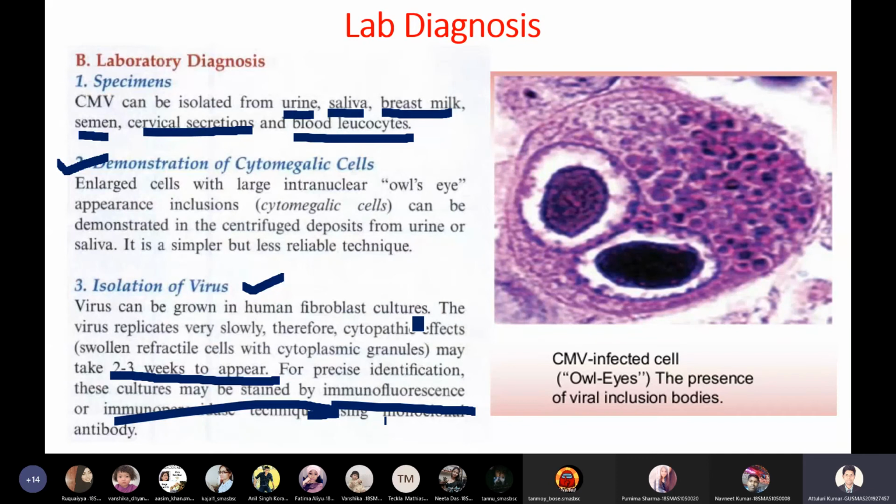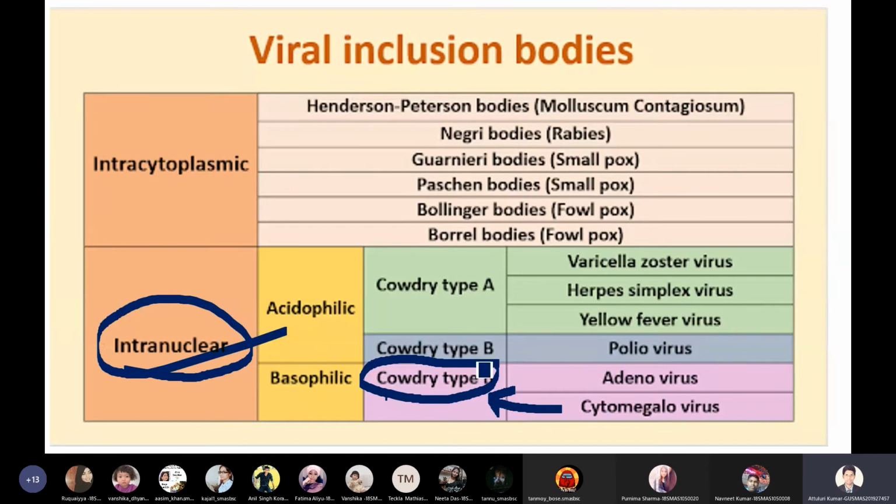So the inclusion bodies only appear 2 to 3 weeks after infection. Cytomegalovirus inclusion bodies are Cowdry type B basophilic intranuclear inclusion bodies.